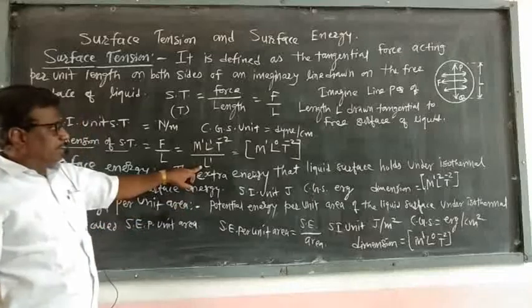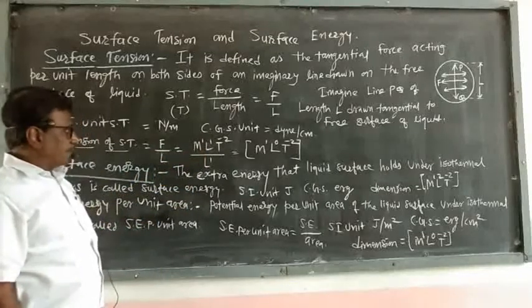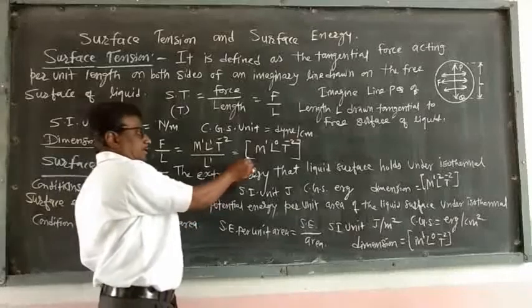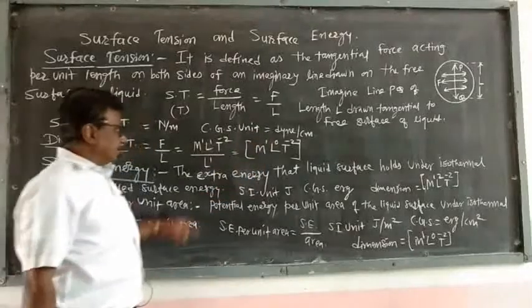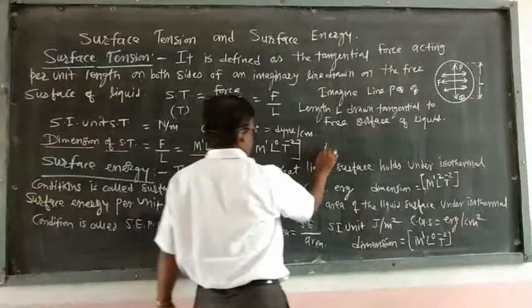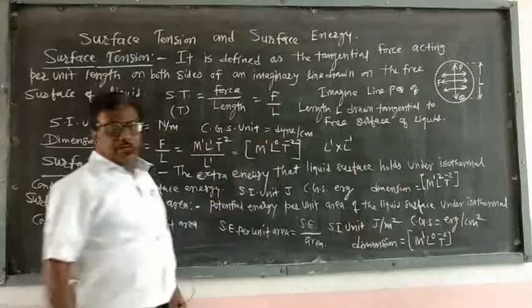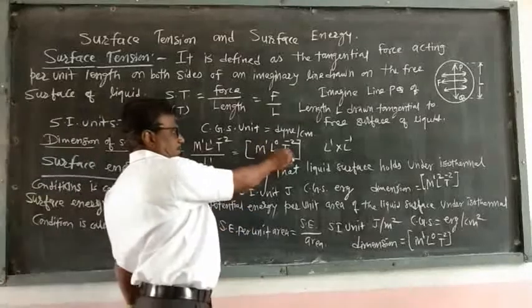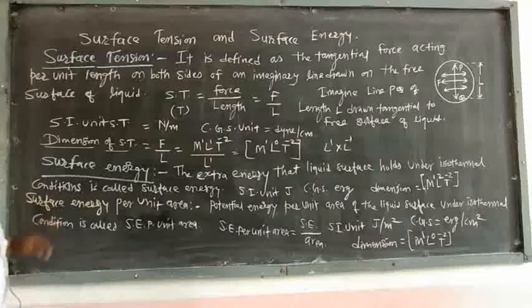When we shift this L^1 here, it becomes minus. So finally the dimension of surface tension is [M^1 L^1 × L^-1 T^-2]. L^1 into L^-1 becomes L^0, so the dimension is [M^1 L^0 T^-2].